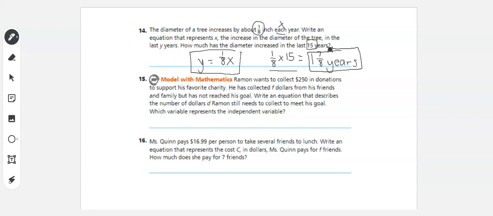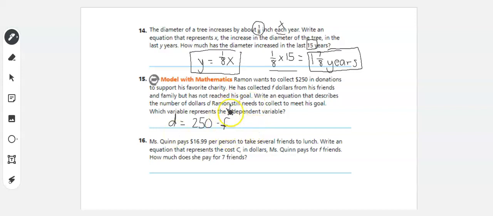So first we're going to write our equation. So we're trying to figure out D here. So we have D equals, he wants to get 250. And we need to figure out how many collected from his friends. So independent is this letter that would be here. The guy that's by himself, that's always the dependent.